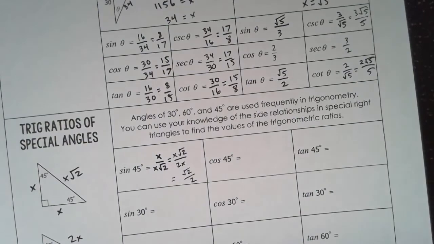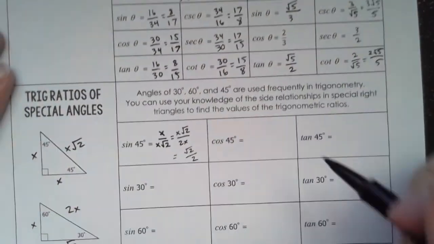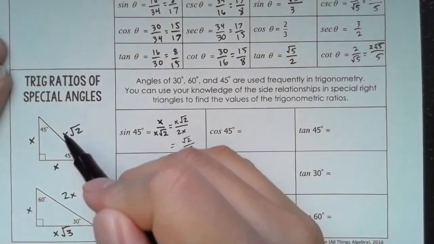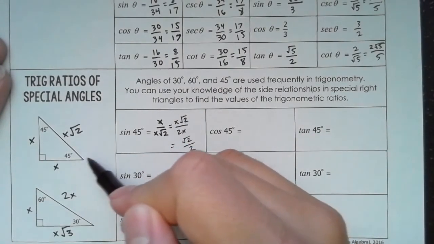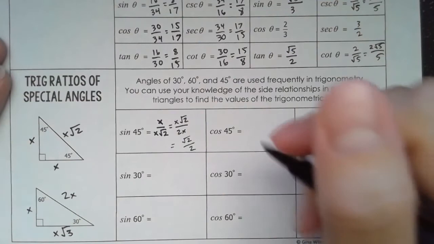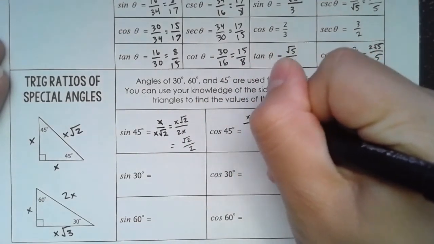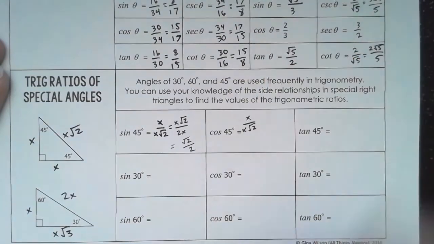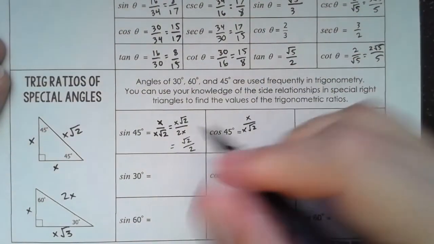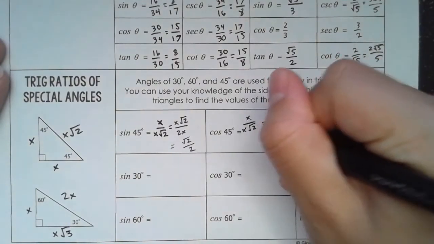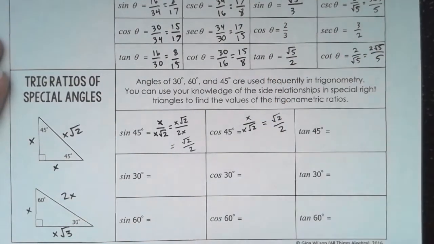So let's do cosine of 45 next. Cosine of 45 is adjacent over hypotenuse, so you get x over x square root of 2, and then you would notice that this has the exact same setup as sine of 45, so this is equal to square root of 2 over 2.